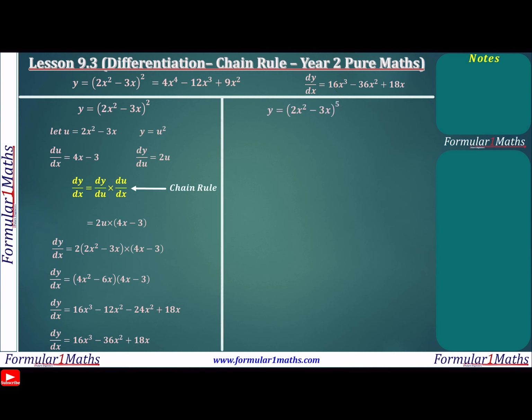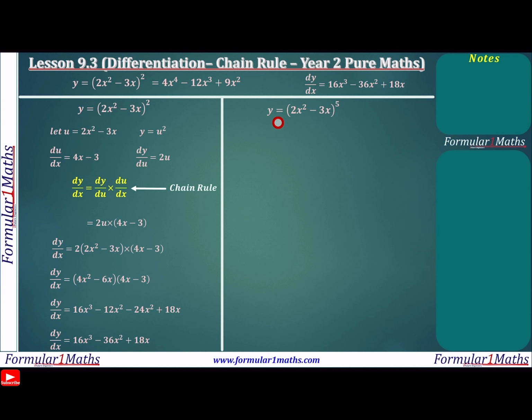The first one is, what if the power is not 2 but 5, like this one, or even 10? With this one, you will have to expand using binomial expansion to get 6 terms and then differentiate each of the individual 6 terms. And that's why we need to know the chain rule.